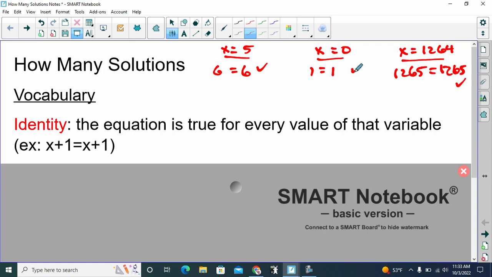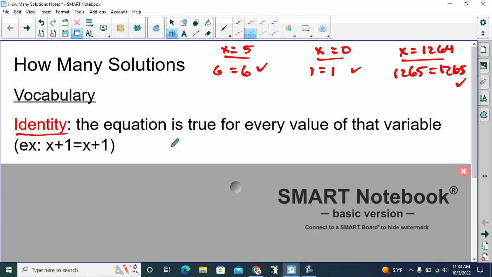That is a solution. Anything you plug in for x, you can plug in -9, say -8 equals -8. That's a solution. Every value of the variable makes the equation true is called an identity.